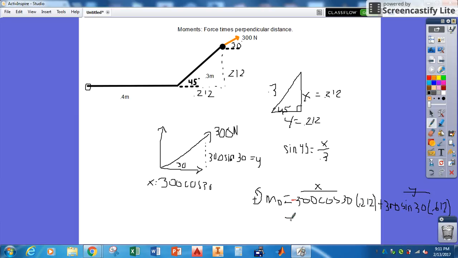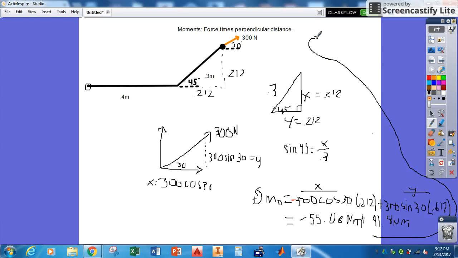Negative 300 cosine 30 times 0.212 is negative 55.08 Newton meters, because this force is in newtons and this distance is in meters, plus 300 sine 30 times 0.612, which is 91.8 Newton meters. Now you add these two together.